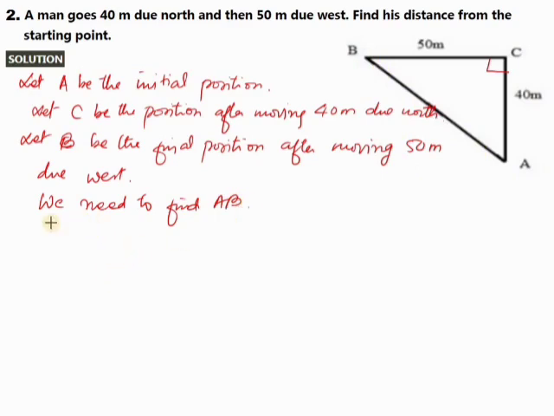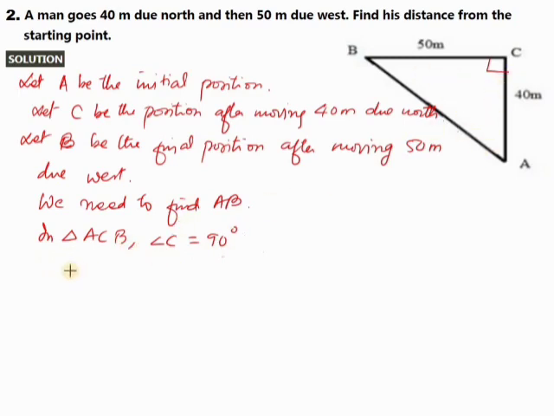Okay, now in triangle ACB, again you see angle C is again 90 degrees, isn't it? Now if angle C is 90 degrees, then this becomes a right angle triangle.